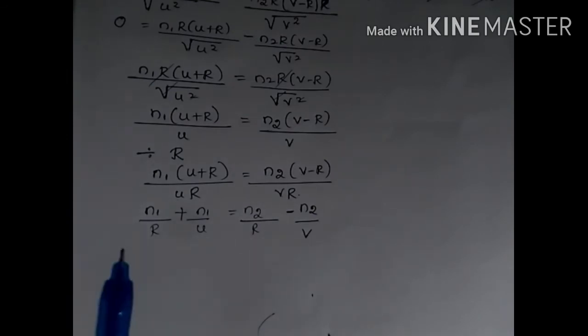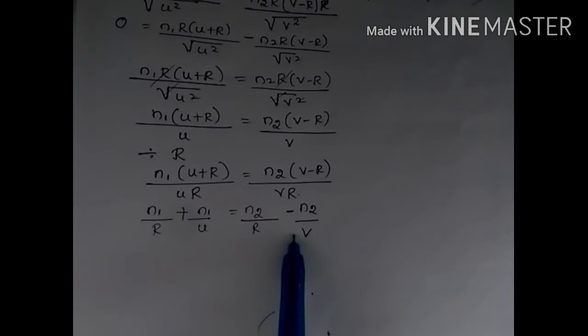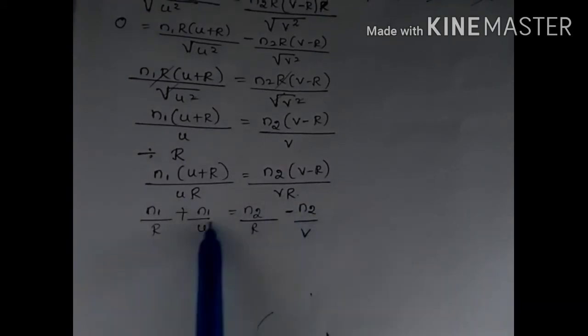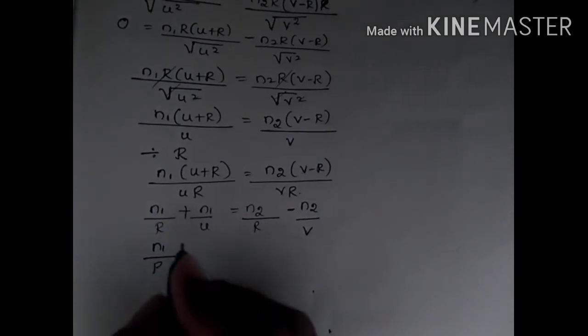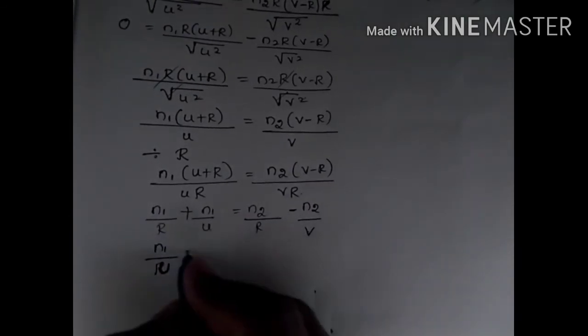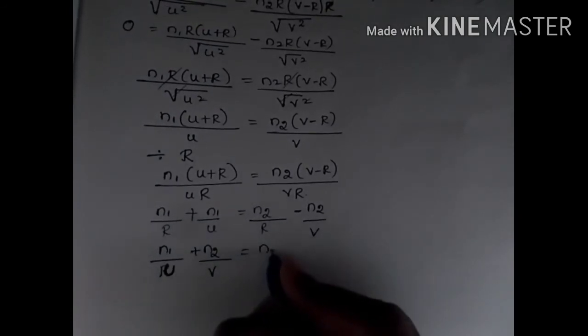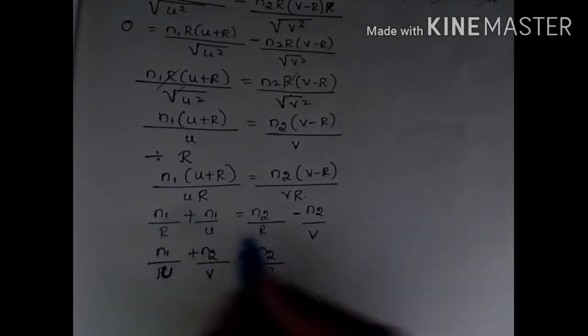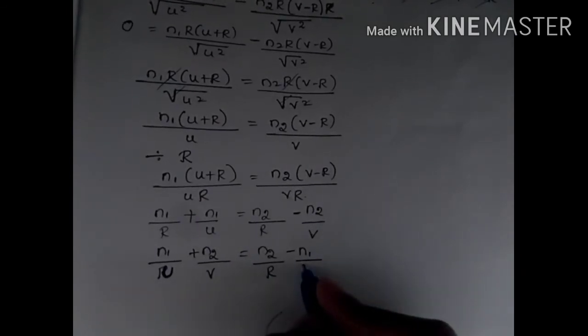Now we'll send this r term to that side and bring this v term to this side. So n1 by u plus n2 by v is equal to n2 by r minus n1 by r.